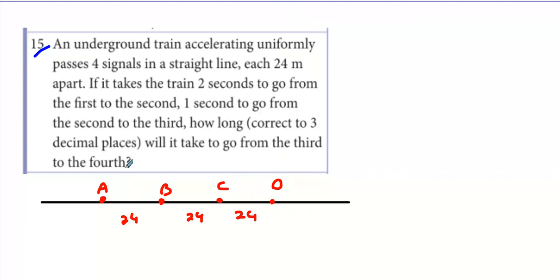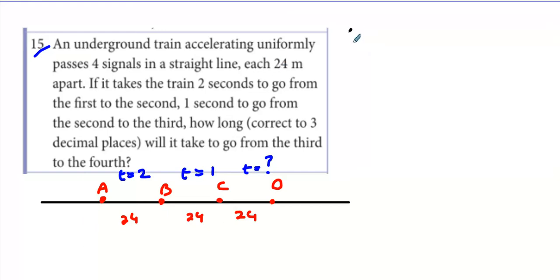The first one is T equals 2. Second one, T equals 1. Third one is what we're looking for. How long does it take to go from the third to the fourth? We're assuming we're already moving, aren't we?